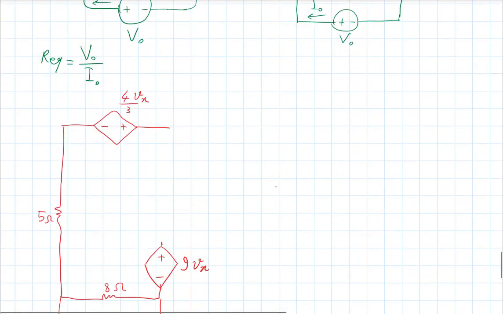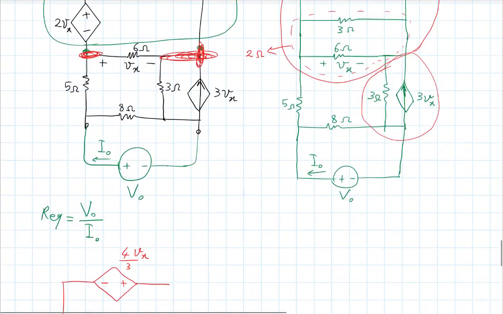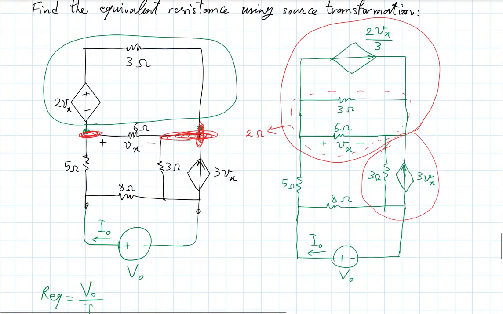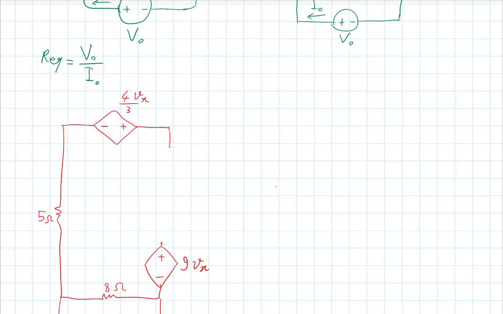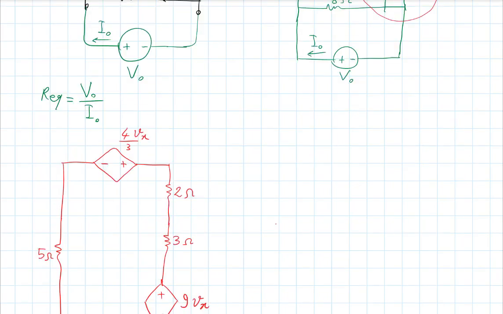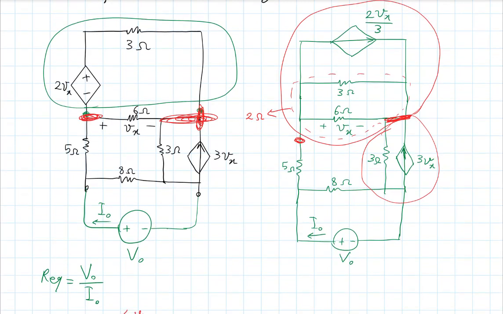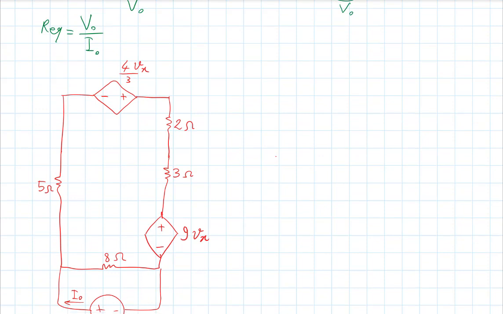Because up to this point, you see, here I have still kept this node. That left node is still there. And here, that node is still there. And I had my two ohm and 3 ohm like this. You see, that node is still not disturbed. These nodes are still there.